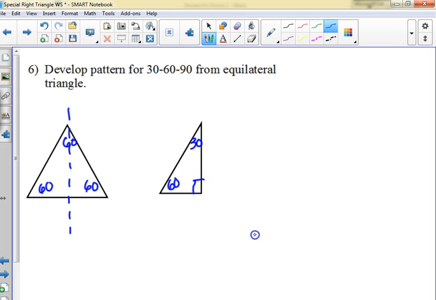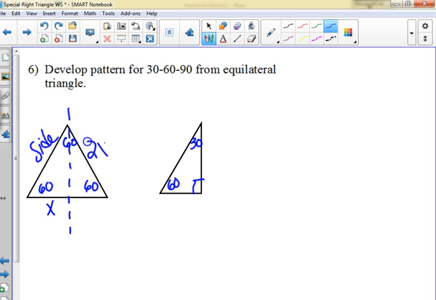Are we good? Okay. Now, I could call this guy side, or I could call him hypotenuse on this one. But if we call this x, uh-oh, then we have an x over 2, right? Okay, so we're going to undo that. What if we want to call this x?